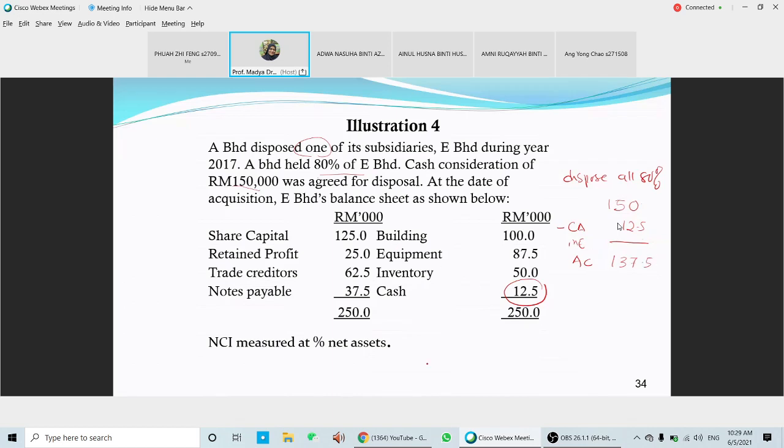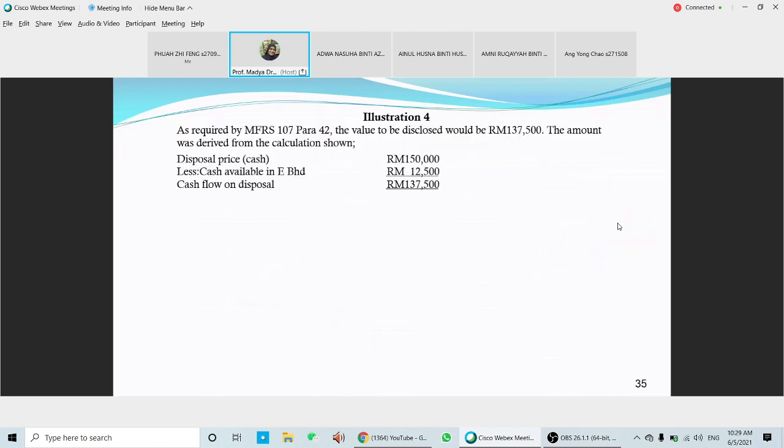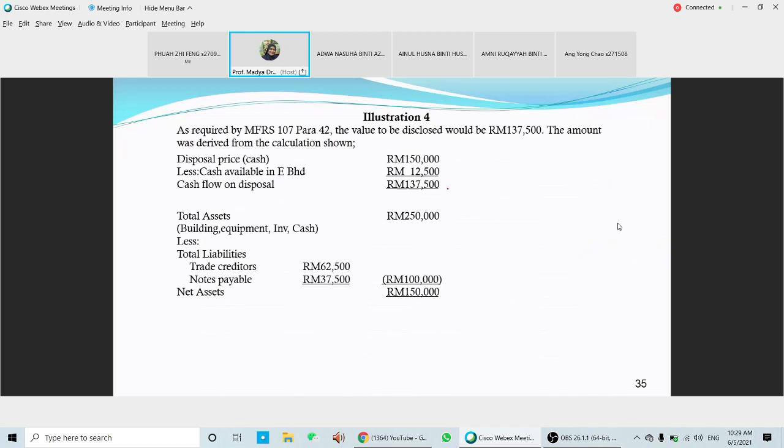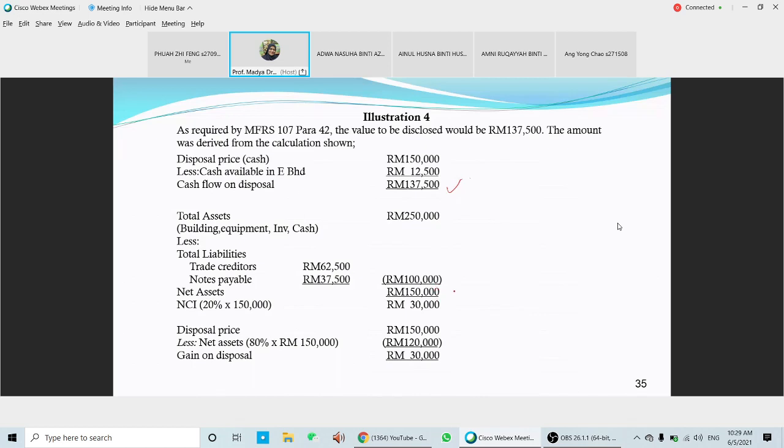At the same time, we're going to have a gain on disposals. This is what we already calculated. Then you need to calculate your total assets. The total assets that you have here is 250 minus 100 for the total liabilities, so net assets are 150, and the NCI portion here is 30.